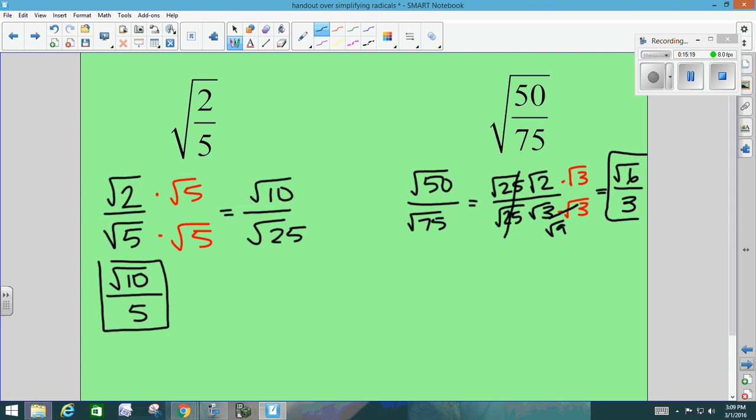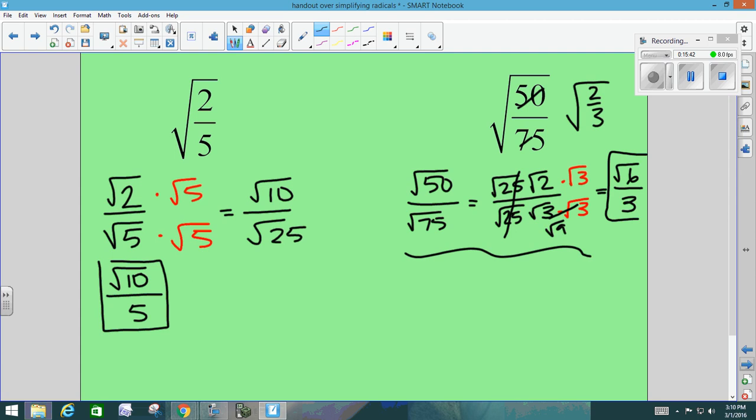Maybe that's not what you were thinking about. Was it? Okay. Well, 25 goes into both of them, so right at the beginning we could have reduced by 25 and just made this the square root of 2/3. We would have got to the same thing. Reducing by 25 in this case and breaking them apart would also get you to that 2/3.